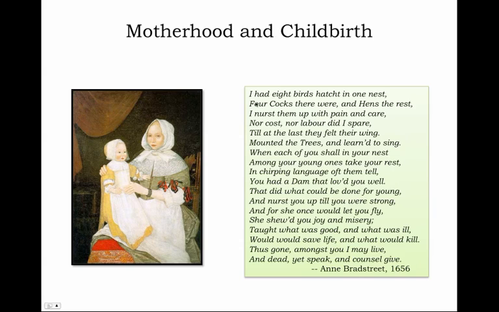She says, "I had eight birds hatched in the nest, four girls and four boys," and talks about the hardships of raising children as a Puritan mother, but also the pleasures of it. But then the mixed feelings coming when the children come of age and move out on their own. I'll let you decide whether she was celebrating that fact or actually grieving over it. But a clever kind of turn here by Anne Bradstreet in her poem on motherhood.